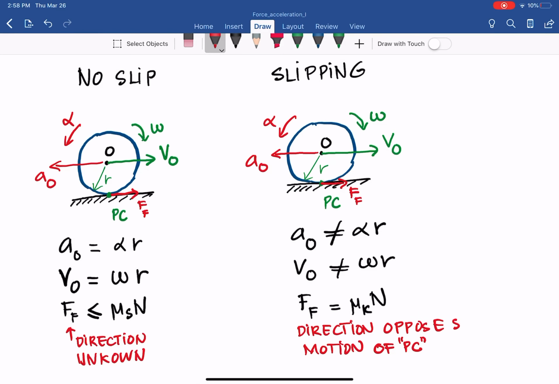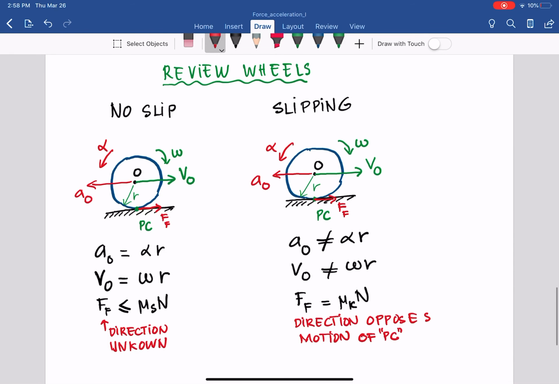So that is basically the review of the wheel between no slip and slipping. What do you have, what you don't have? Keep that in mind. Only when the body is no slip, you have AO at the center equal to alpha R, and velocity at the center of the wheel equal to omega R. Friction is unknown in direction and magnitude, but for sure you have to check that it is less than mu sub S N. For slipping, the friction is equal to mu sub K N, and you know the direction is opposed to the motion at PC, not the overall direction of motion of the wheel.